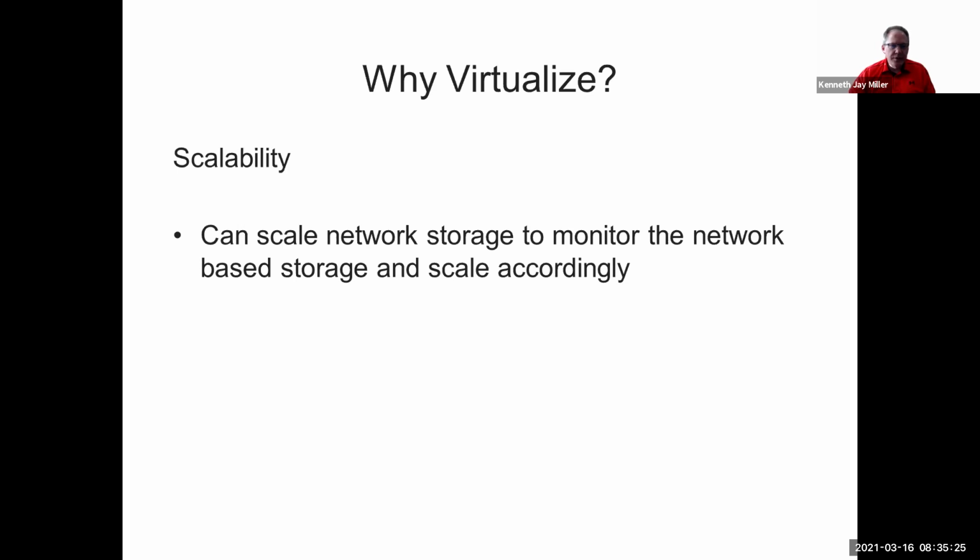One thing, and you guys have probably seen this in your own computing environments, is when you build your computer or your home network, you may look at it and say, okay, I have a 1 terabyte SSD, say it's an M.2 NVMe drive, and attached to that I have a 6 terabyte external hard drive, and that should be more than enough space for what I want to do.